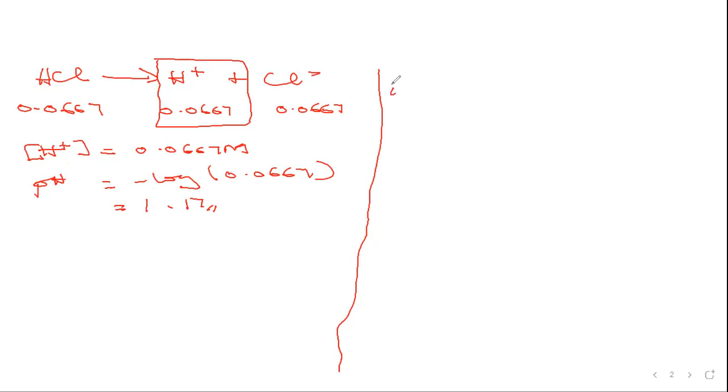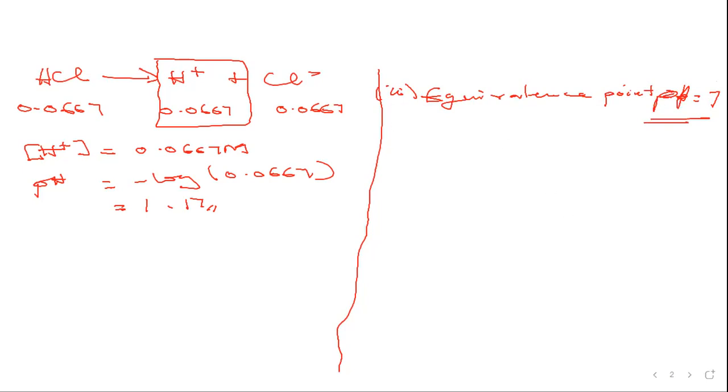Let's look at after addition of 25 mils, which is the same as the equivalence point. And I said that at the equivalence point, your pH will always be equal to 7. So this is what you need to write, that for equivalence point, your pH is equal to 7.